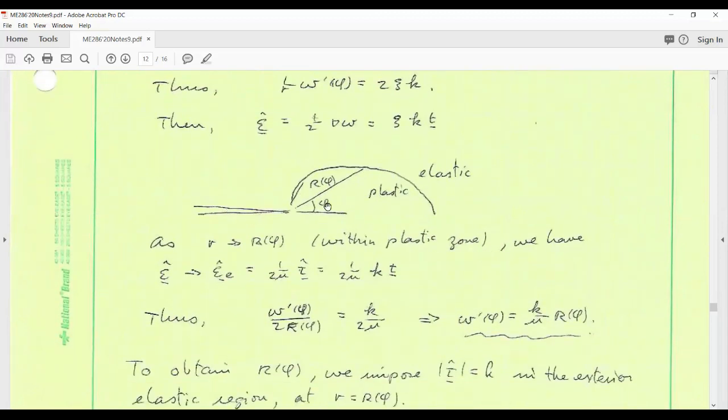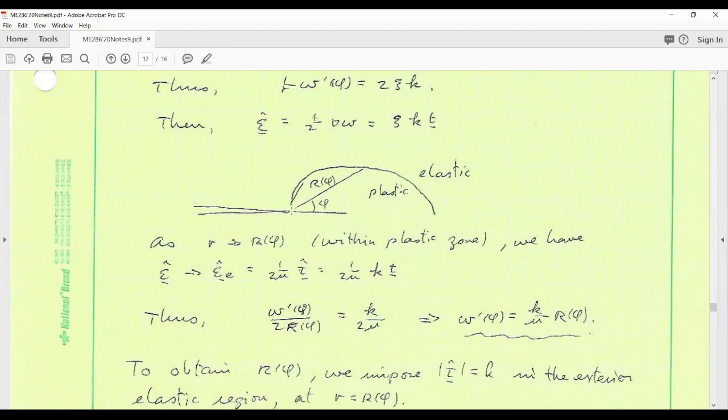So here again is the geometry we're looking at, and we're trying to find this radius that divides the plastic region. By plastic, I mean a region in which you can have both elastic and plastic strains coexisting, whereas in the elastic region, there's no plastic strain.